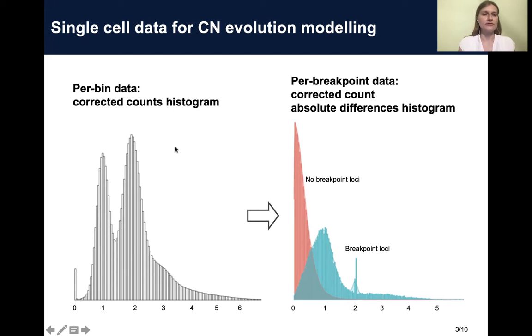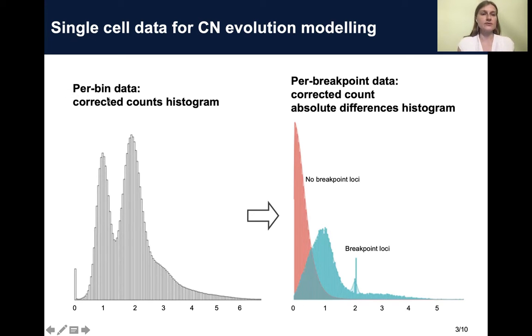You can observe that the corrected counts per bin follow a mixed normal distribution, with the most prominent component of this mixture having expected value equal to 2. The second most prominent component has expected value equal to 1, and we can draw a conclusion that probably in this sample we deal with quite a lot of deletions.